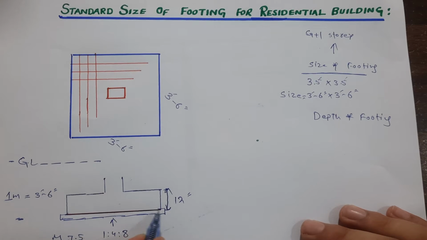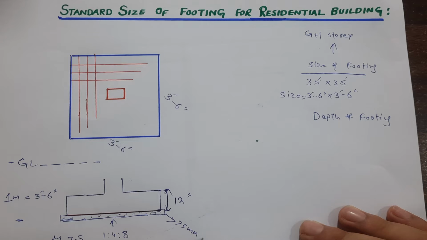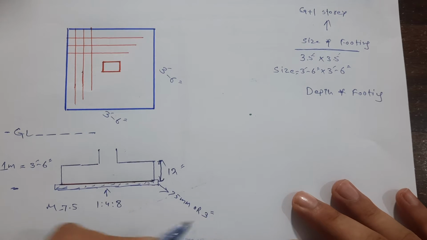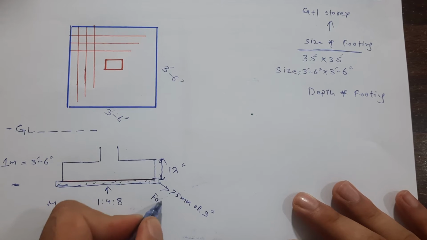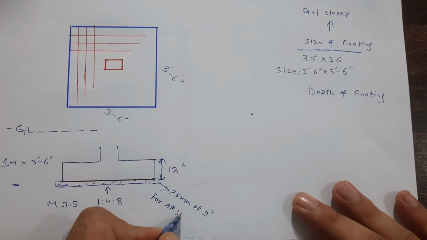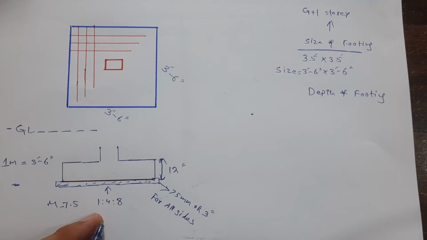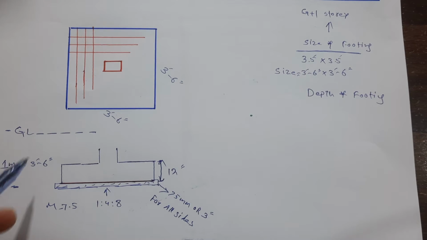Then when you place the subgrade, the thickness of this subgrade should not be less than 75 millimeter or 3 inches. Okay, 3 inches for all sides. All sides mean for bottom, left, right and top.